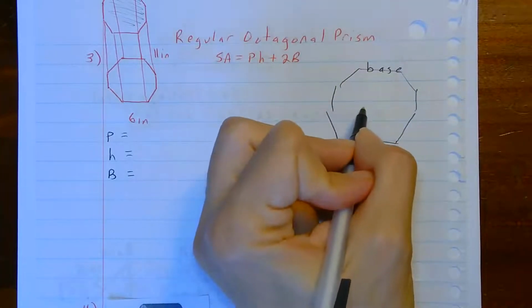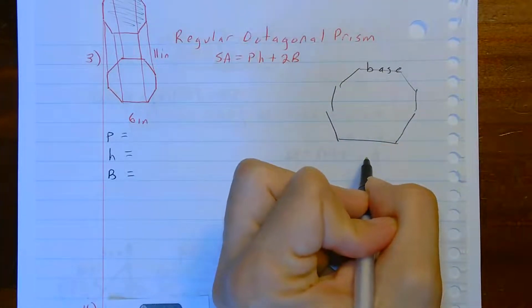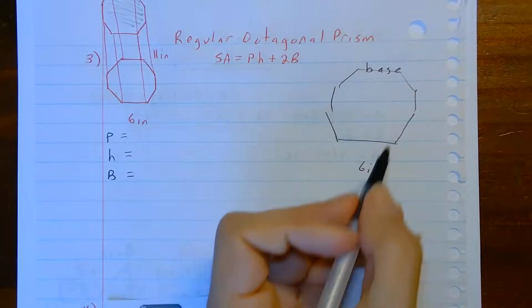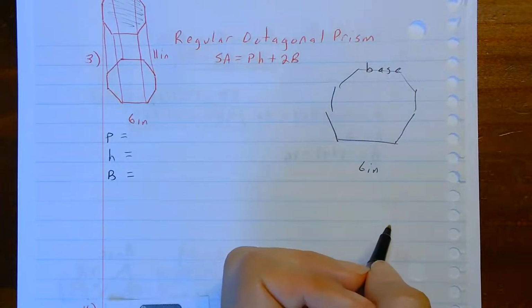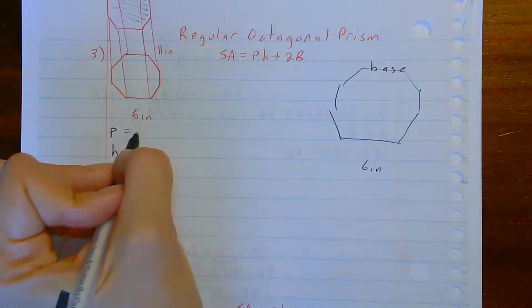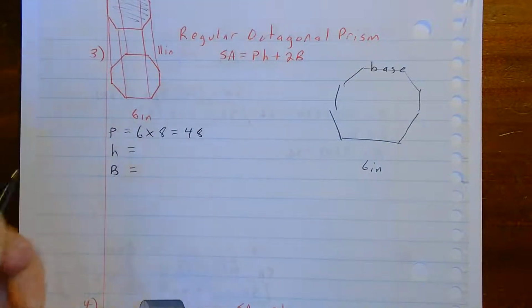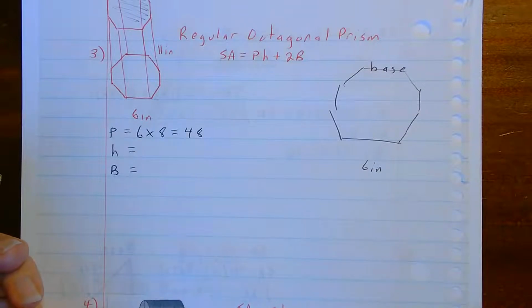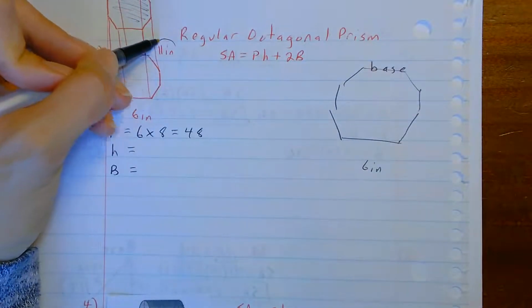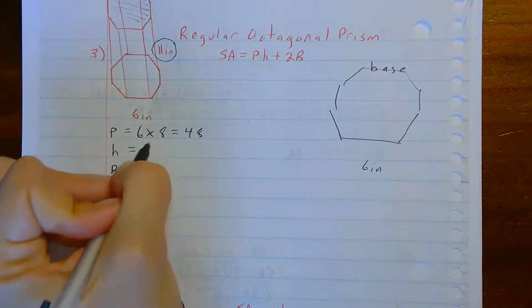It's really bad. It told me that this side was 6 inches, and I know my base is the octagon. So if I want the perimeter of the base, that's going to be 6 times 8 sides, which is 48. So the perimeter of the base is 48. The height of the object is easy because it's already given to me: 11.